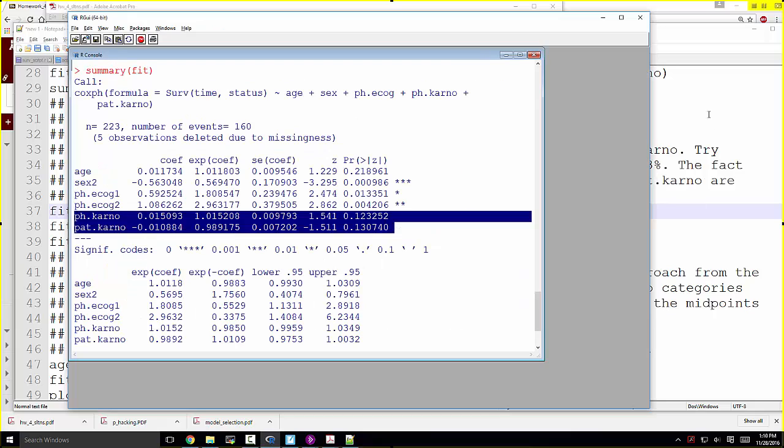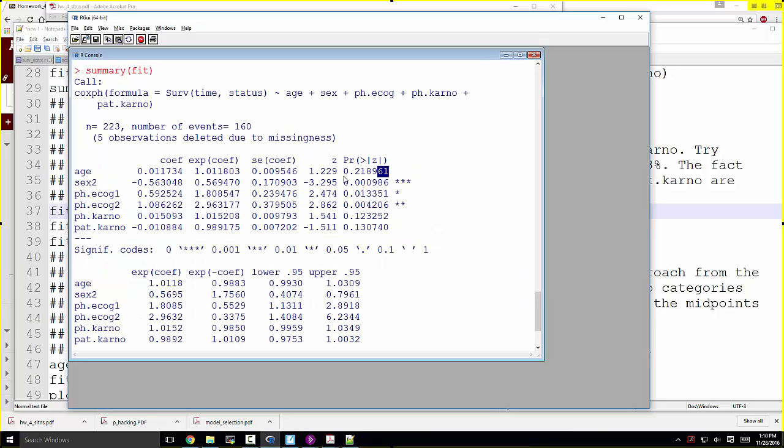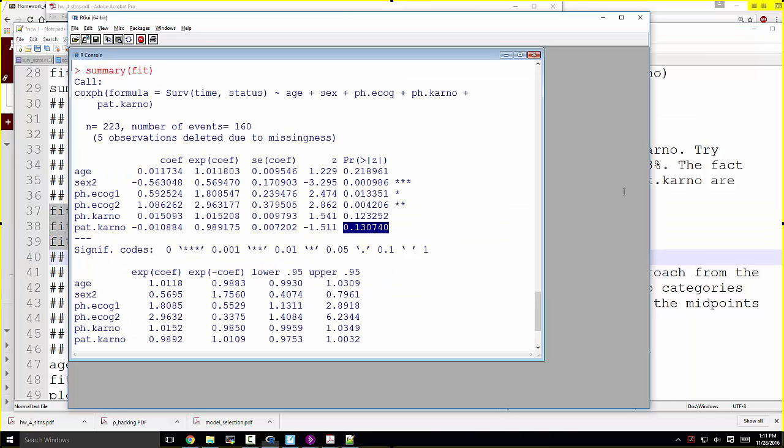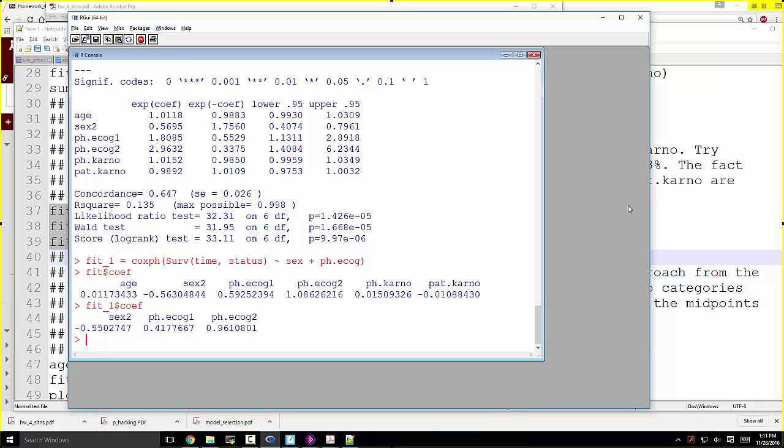These 3 are reasonably close to being statistically significant, so I'm not eager to get rid of any of those. I considered all 3 of them together. Considering all 3 of them together will probably result in some differences.